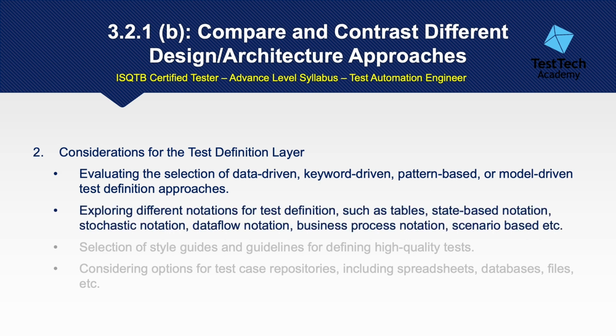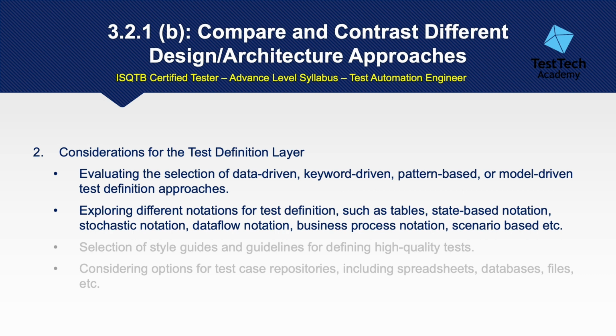Furthermore, test automation engineers need to consider the notation for test definition. When test automation engineers define test cases, they need to choose how to represent them visually. This representation is called a notation. Think of it like choosing the format for a recipe. You can write it in a list, a table, or even as a step-by-step instruction.